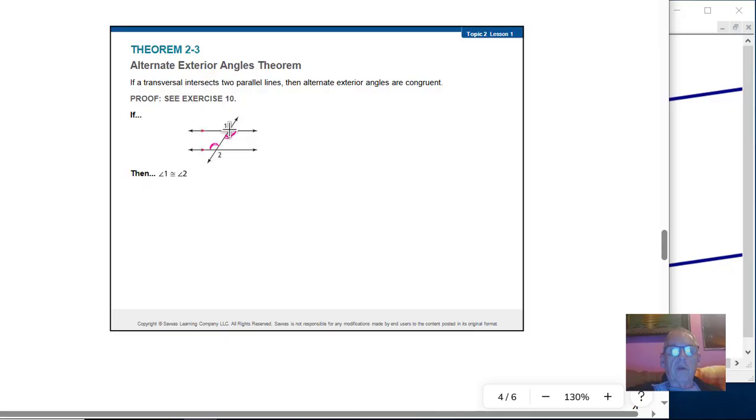By vertical angles, we can see that the alternate exterior angles also are going to be congruent. So 1 and 2 would be a pair of alternate exterior angles, and with the dots, these would also be a pair of alternate exterior angles. So if we have parallel lines cut by a transversal, alternate exterior angles are congruent.